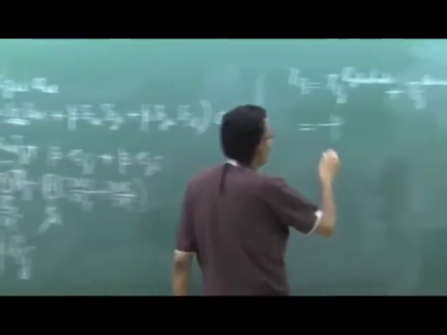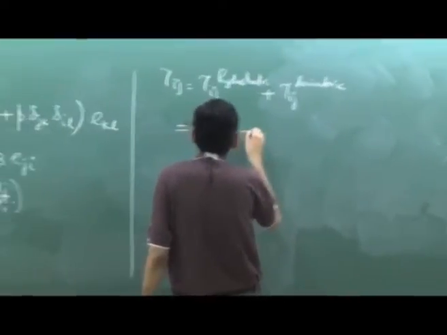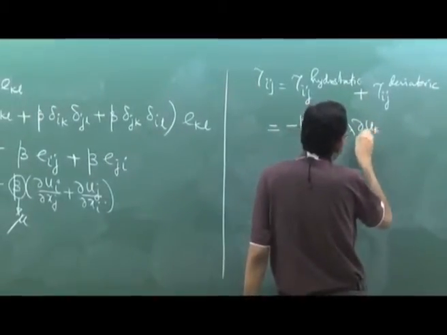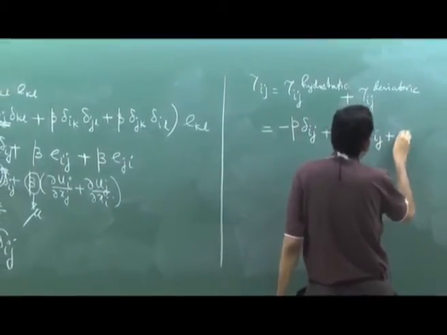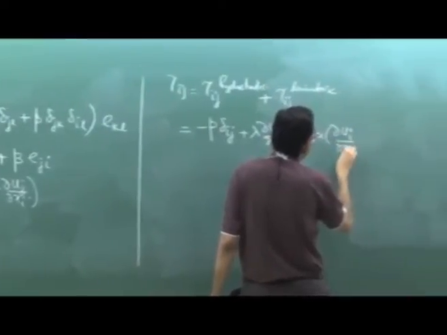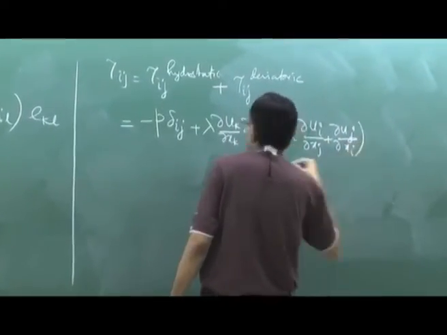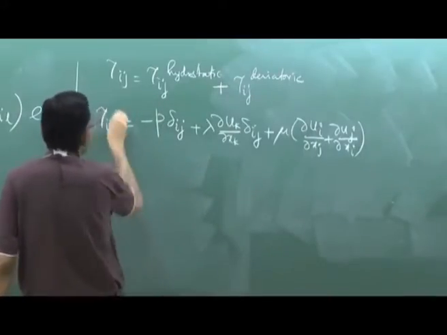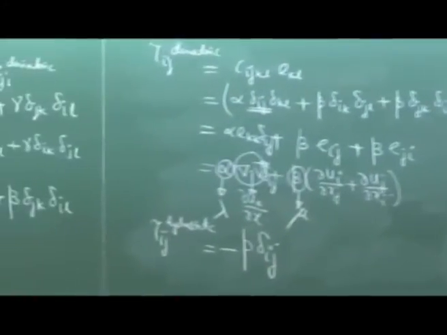So minus P delta ij plus lambda del uk del xk delta ij plus mu times the rate of deformation. This is nothing but Newton's law of viscosity for homogeneous, isotropic and Newtonian fluid, right.